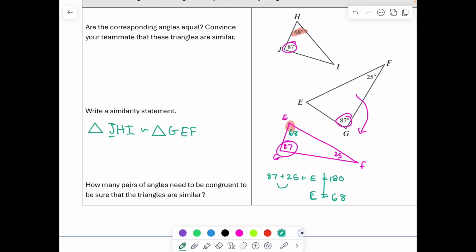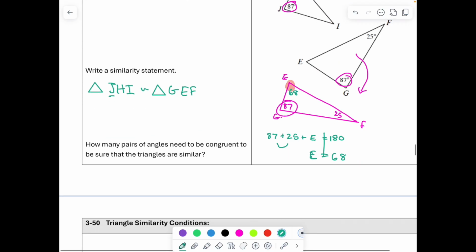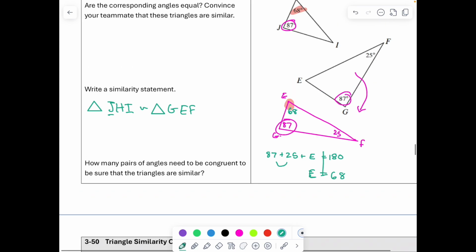So it says how many pairs of angles need to be congruent to be sure that the triangles are similar. Now here's the thing, because we know that all three angles should add up to 180, we actually only need to know that two of the angles are congruent. Let's just use this example over here.